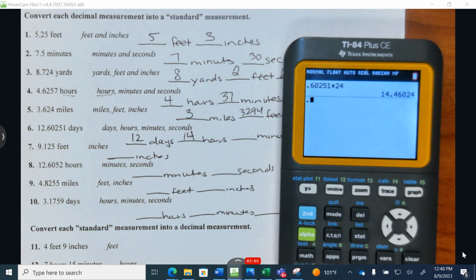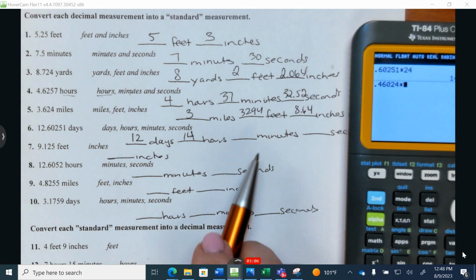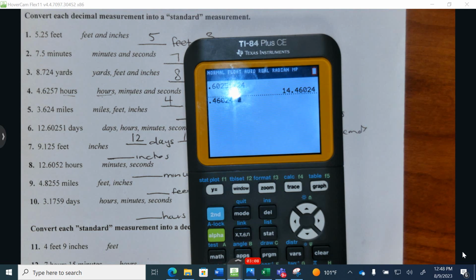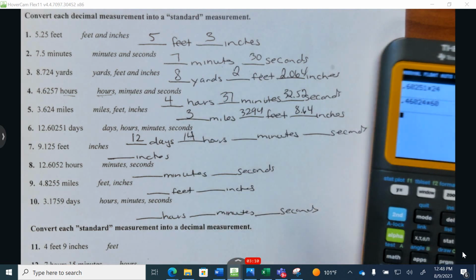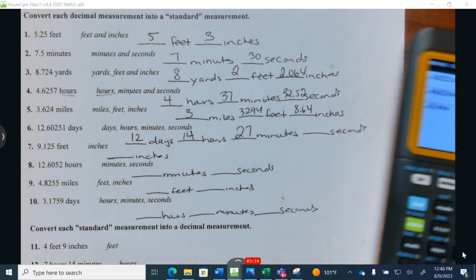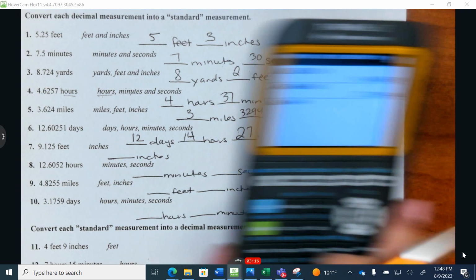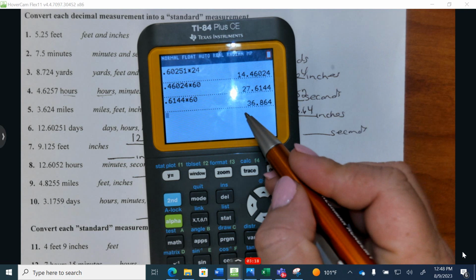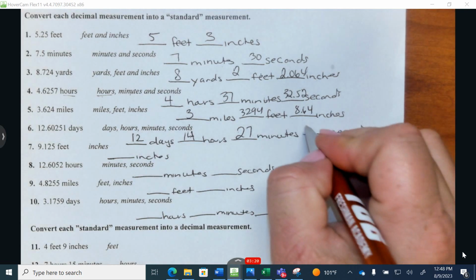Okay, take what I have remaining, 0.64024, and ask myself how many minutes in an hour? There are 60, so 27 minutes. Take the remainder, and ask myself how many seconds in a minute. 60 again, 36.864.